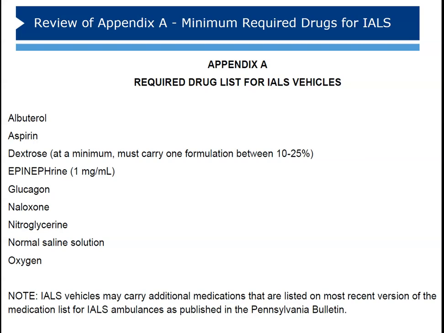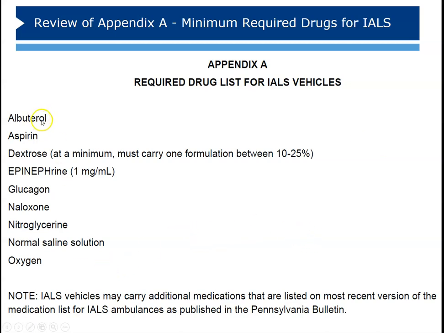Just so that you are aware, some of these drugs are above and beyond what the state requires for the required drug list for ILS vehicles. So if you end up going on an ILS vehicle or another service that may not have an expanded scope, or they choose not to do certain things that are permitted by your medical director, just so that you know, these are the minimum drugs that are required to have on an ILS vehicle for licensure.